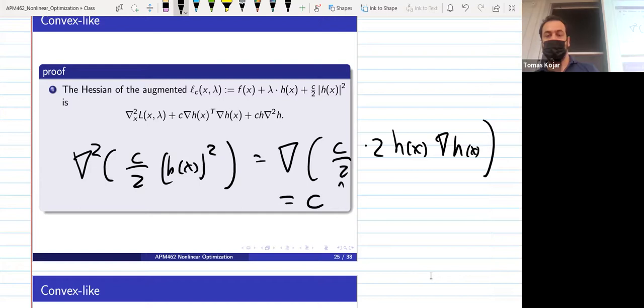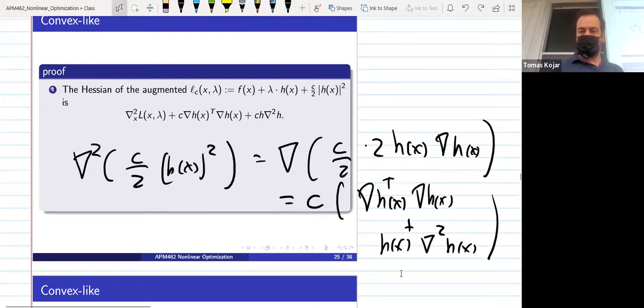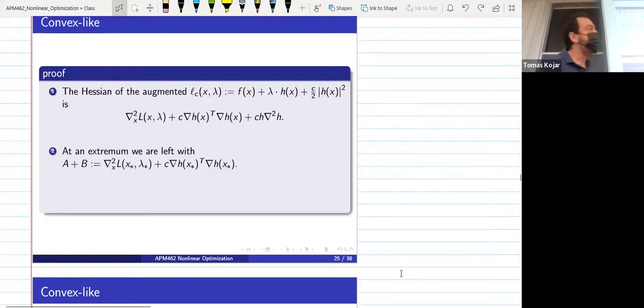So you have the gradient of h times its transpose, plus whatever I wrote here, h of x times the Hessian of h. Okay? All right, good. Then we call them as follows. I call the first guy A and the second guy B.